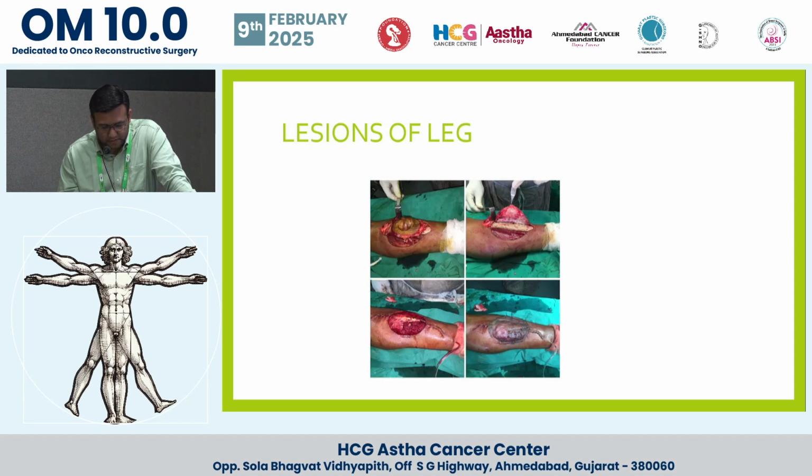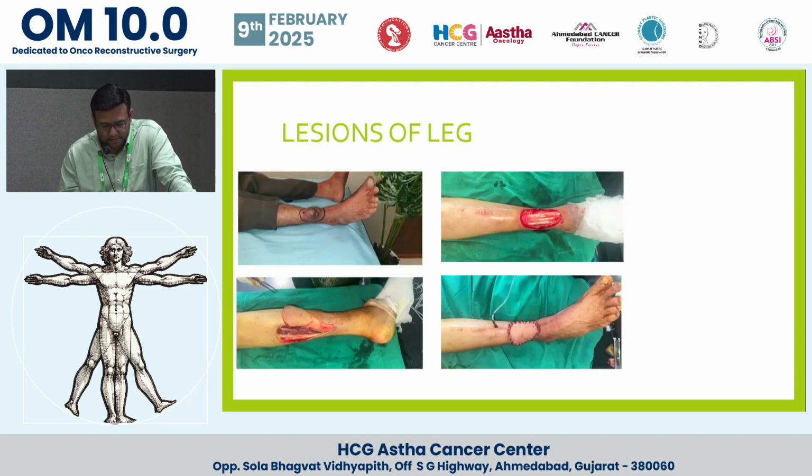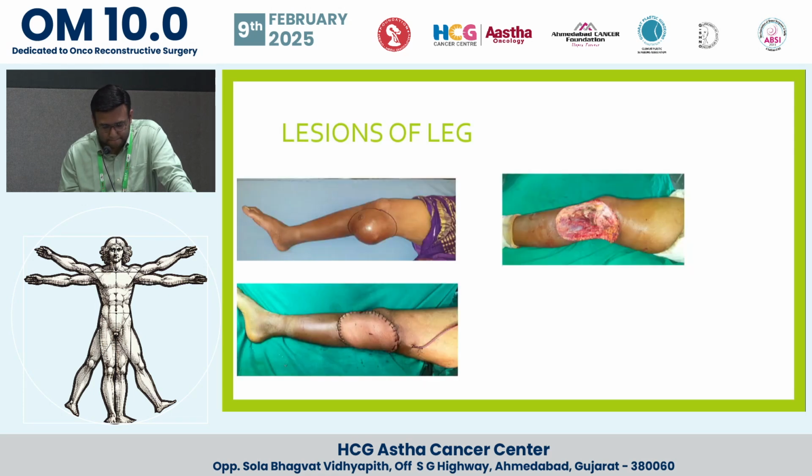Lesions over the leg, the anterior aspect of the leg, can be covered with local muscle flaps and free flaps like ALT. Another case covered with the ALT. Mostly in these cases there is a post-radiation history, so we do not use the superficial venous system.